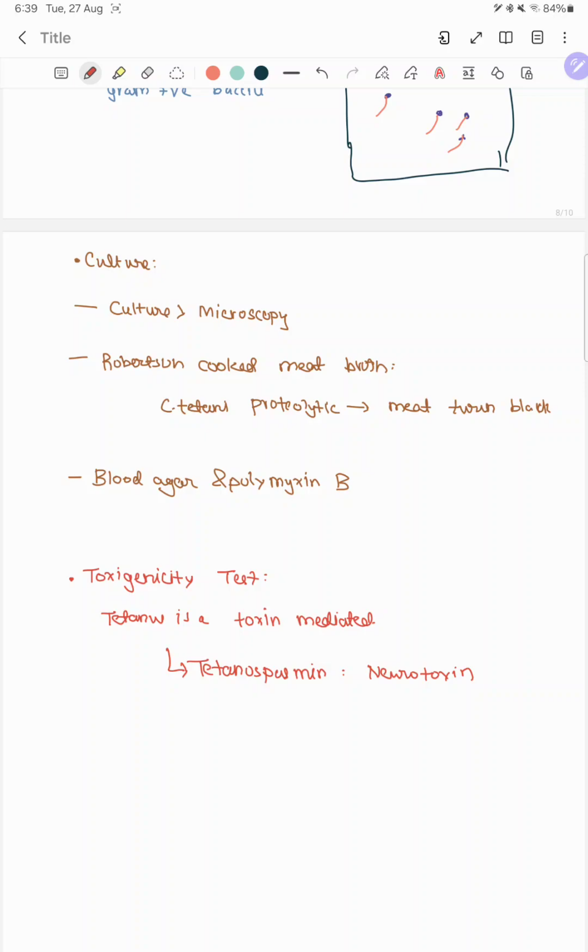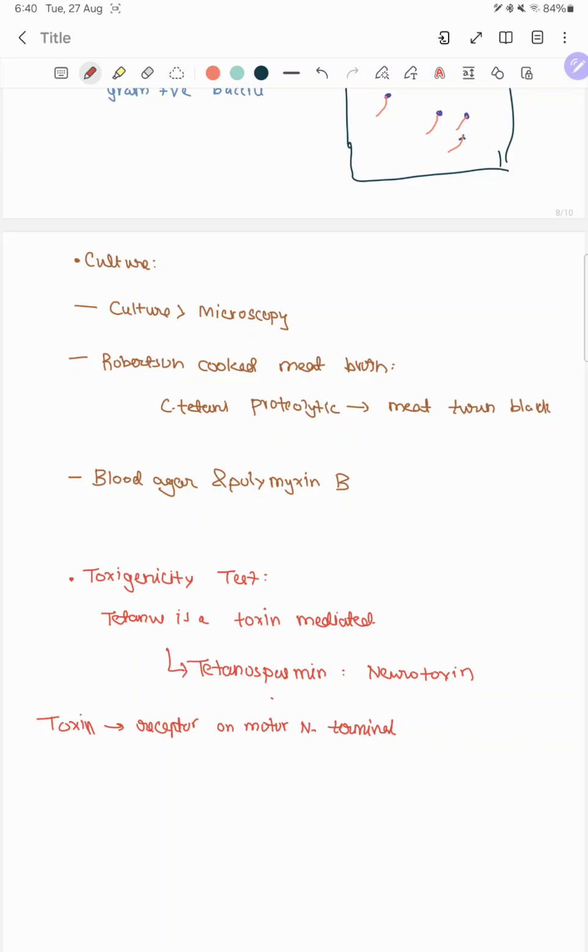Okay, how does it act? The tetanus toxin will bind to the receptors at the motor nerve terminals, which results in internalization.